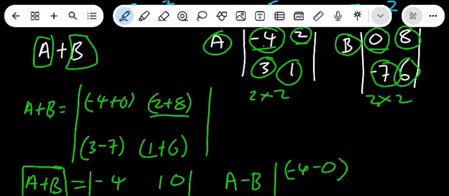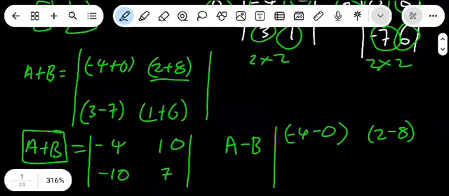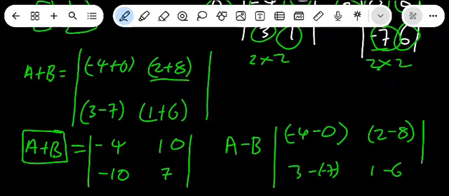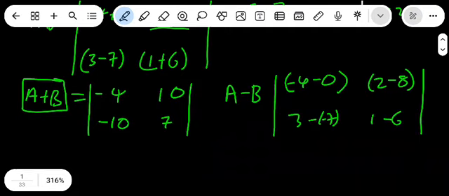First row, second column: 2 minus 8. Again, you'll have 3 minus 7, and 1 minus 6. So this is what you'll have there.